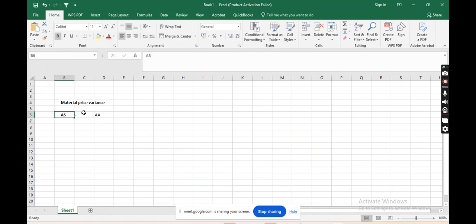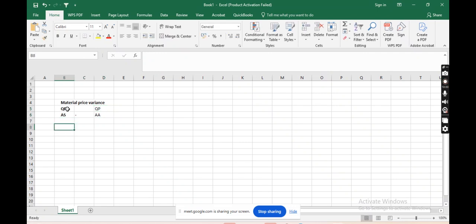That is AS, AA. Now, since material is quantity and price, you can say QP, and this will also be QP, class.